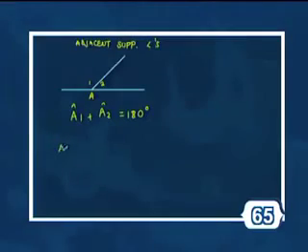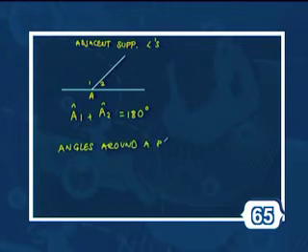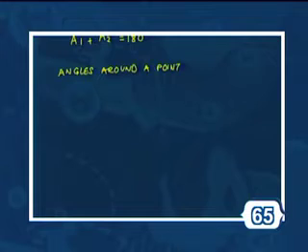So angles in a straight line add up to 180 degrees, a concept that you would have seen over and over again. The next thing we need to look at is angles around a point. You will all remember that angles around a point add up to 360 degrees.